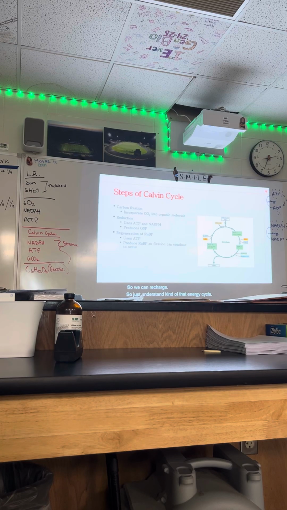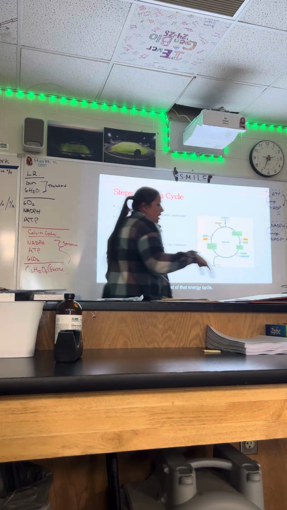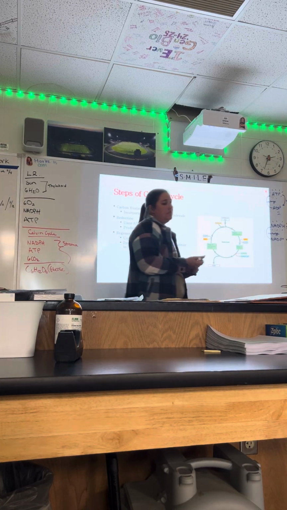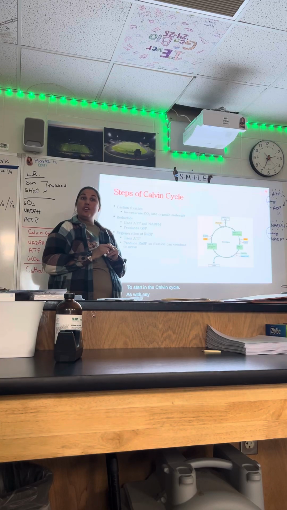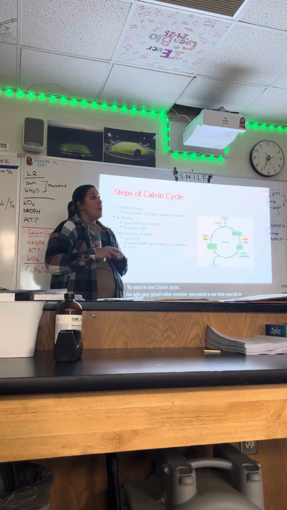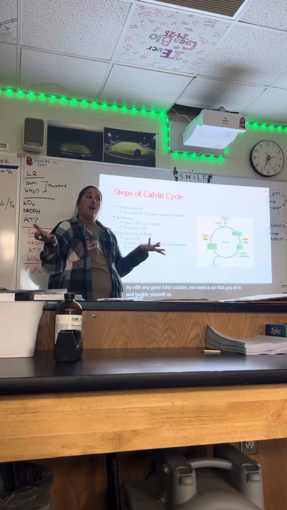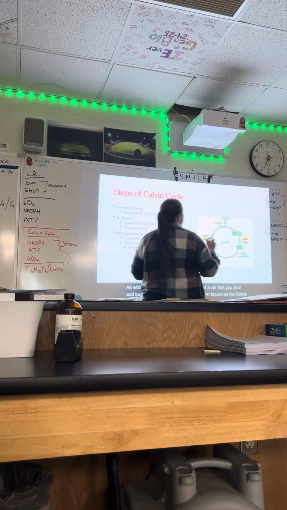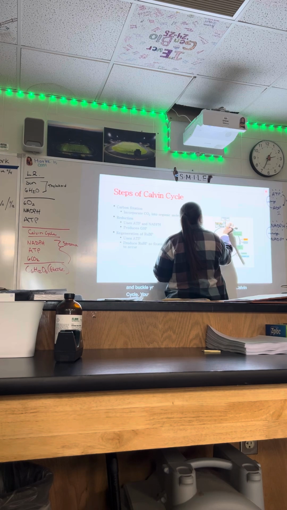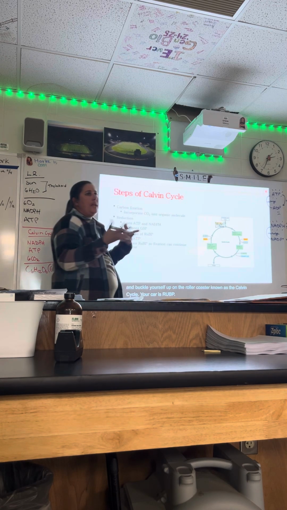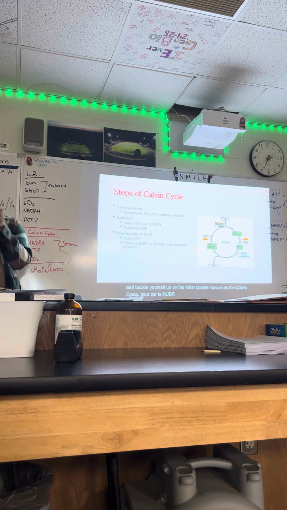Here's the Calvin cycle. To start in the Calvin cycle, as with any good roller coaster, you need a car that you sit in and buckle yourself up. On the roller coaster known as the Calvin cycle, your car is RUBP. RUBP is kind of like the pre-starter point, so I kind of call this step 1.